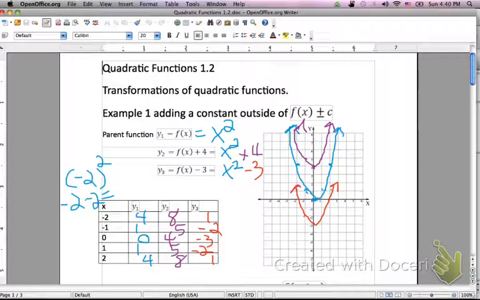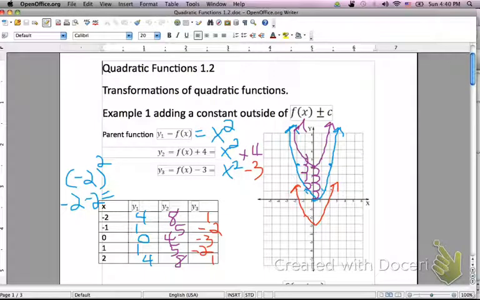Well, notice that the shape of the functions are all basically the same. We haven't changed the shape, but the shapes have moved. For the purple one, our vertex moved up 4 spaces, and you could actually take every point on the parent function and notice that each point moved up 4 spaces.